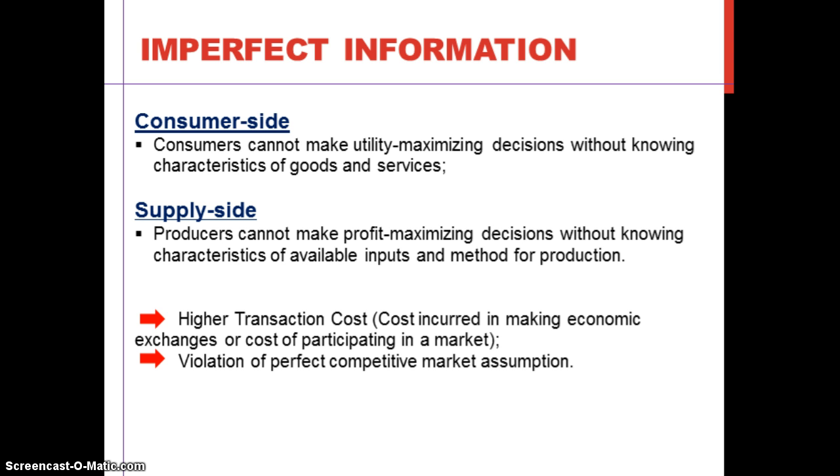Also, since suppliers cannot know what consumers really want, they might sell what consumers don't really want, and consumers might not have good options of goods because suppliers don't know their demands. Under such imperfect information in the market, interactions of buyers and sellers cannot achieve efficient allocation. That's why imperfect information is a market failure.